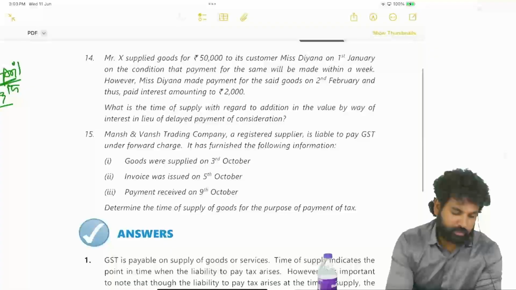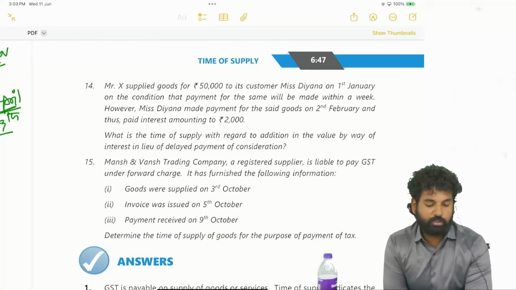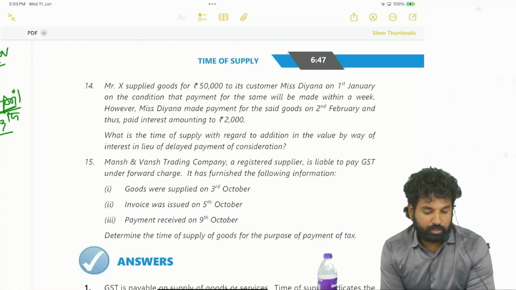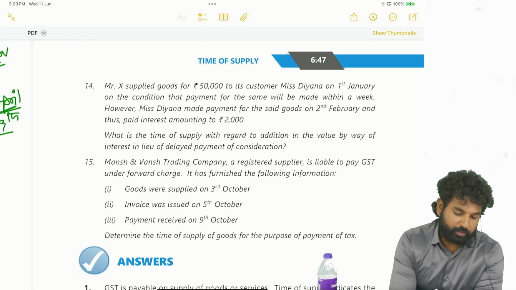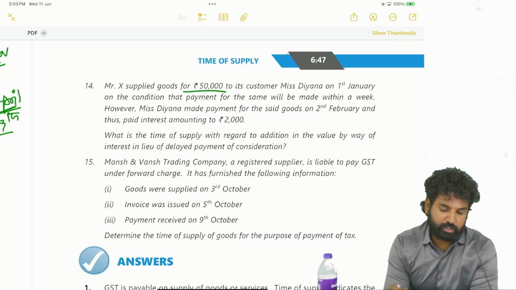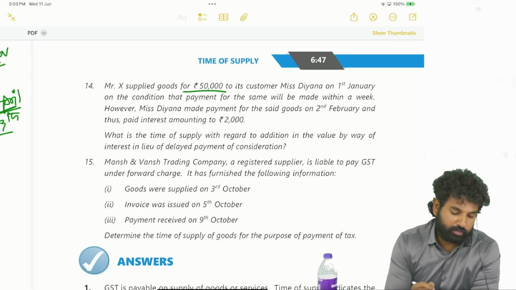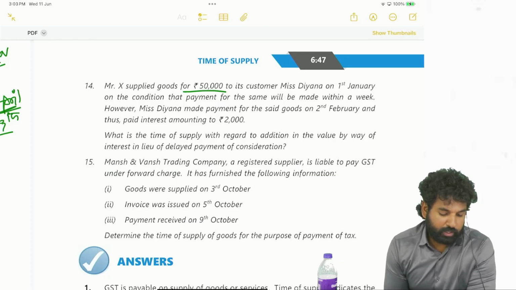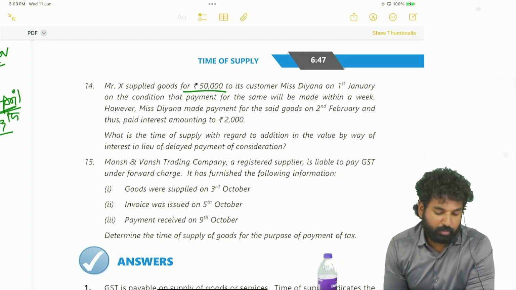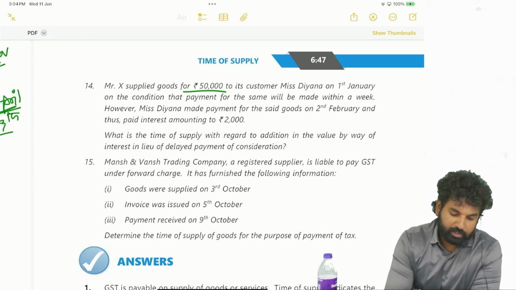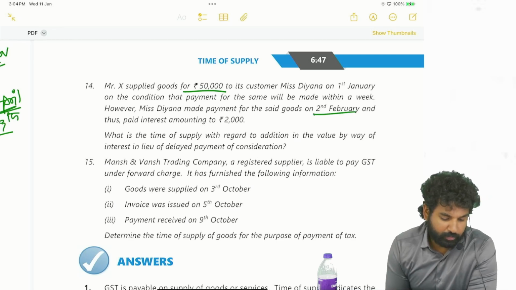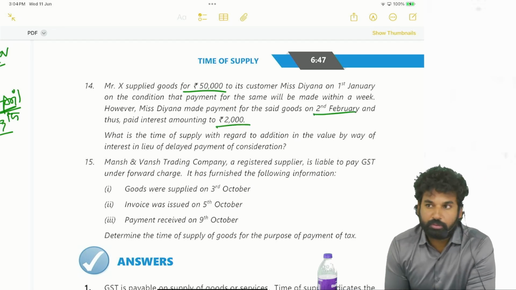Next, X supplied goods for 50,000 to its customer, Miss Diana, on 1st January on the condition that payment for the same will be made within a week. Miss Diana made the payment for the said goods on 2nd February and thus paid interest of rupees 2,000.